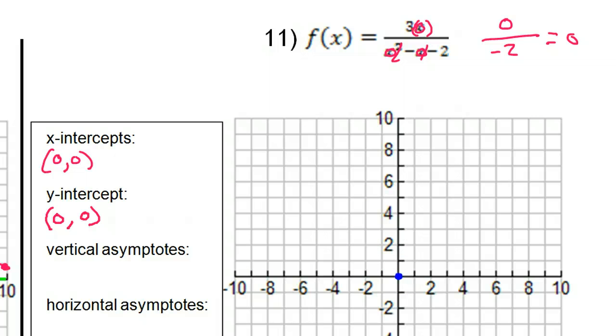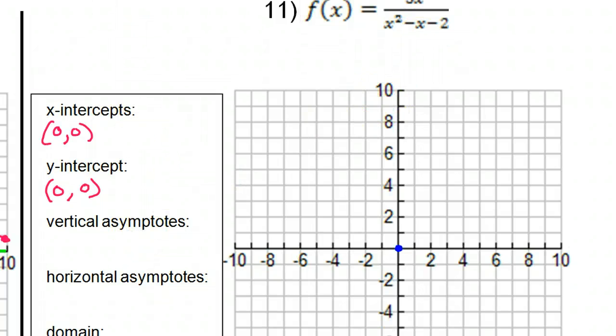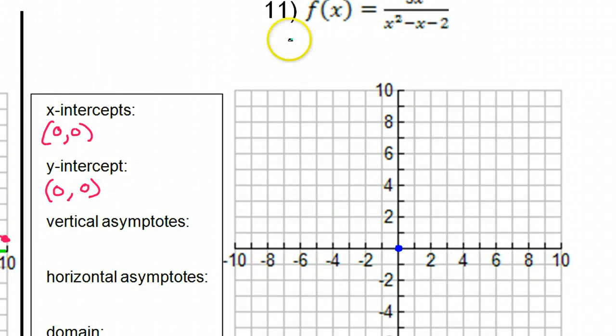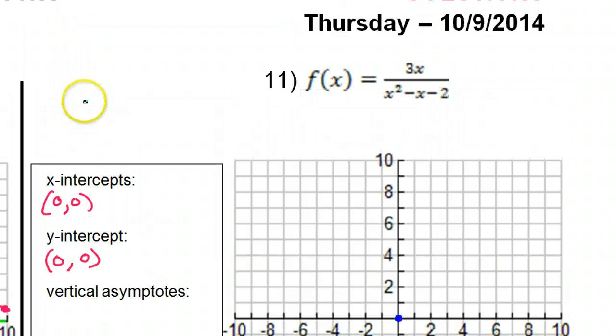So moving on to the vertical asymptote. To find the vertical asymptotes, how do we do that? Yeah, we set the denominator equal to 0, of course. So we're going to go x squared minus x minus 2 equals 0.